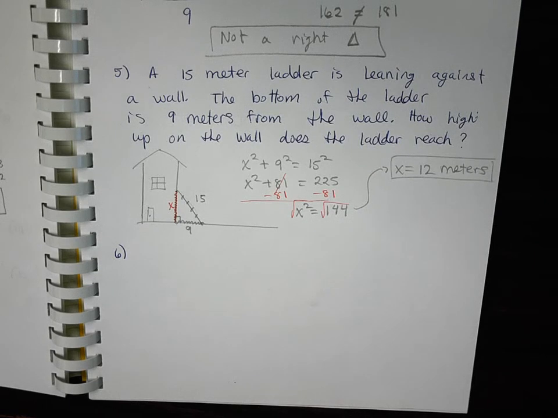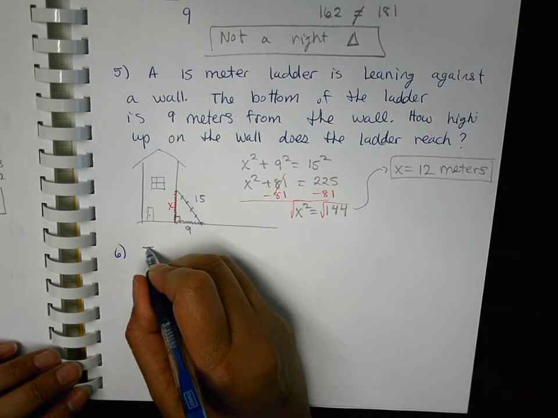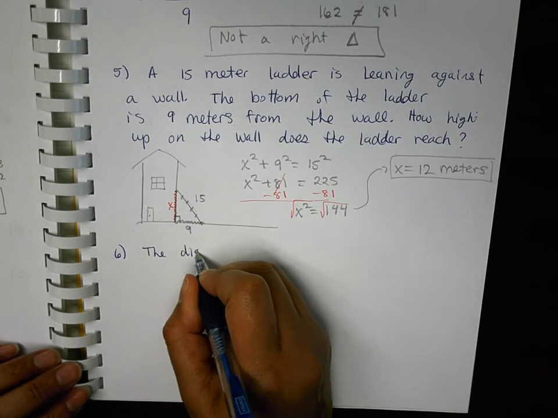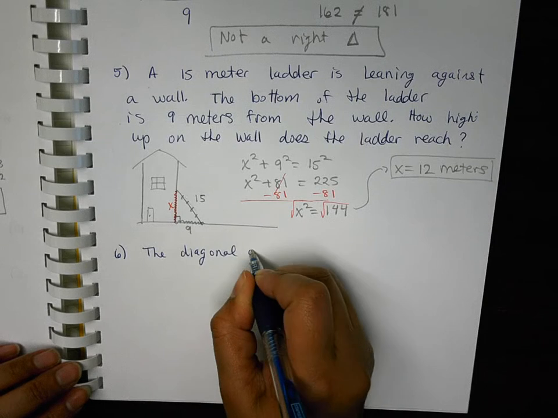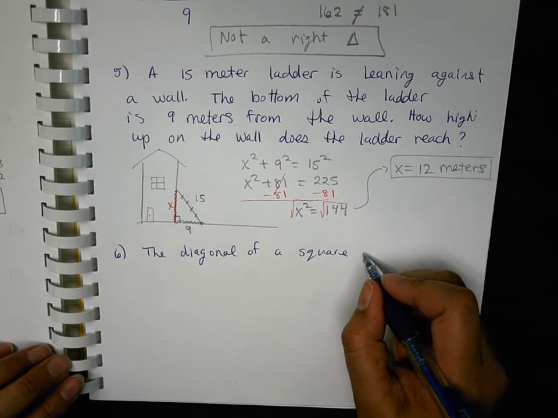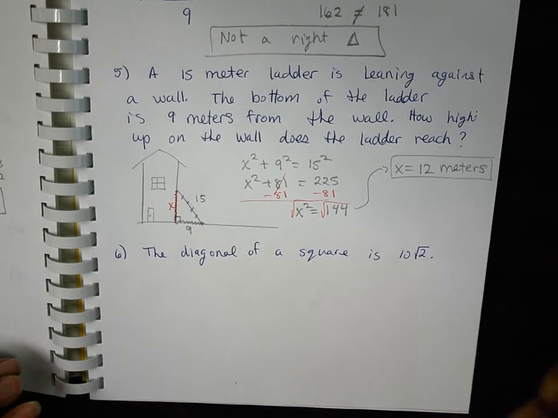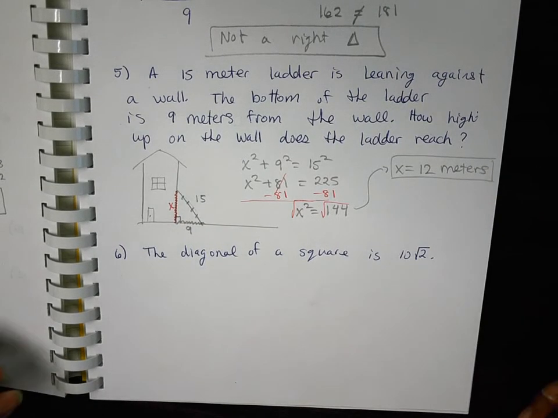Yes? Okay, number 6. The diagonal of a square is 10 root 2, period. The diagonal of a square is 10 root 2.